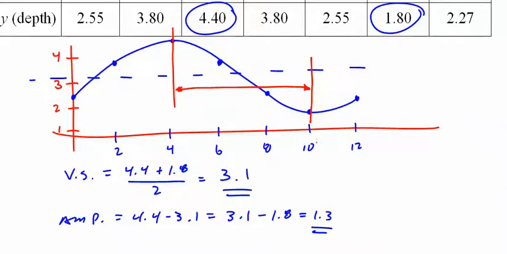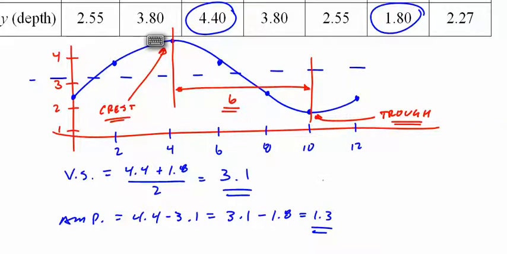But for here, we're going to look at half the distance from crest to trough, and double it. All right, so this is 6 hours. So the period is 2 times that. It's 12 hours.